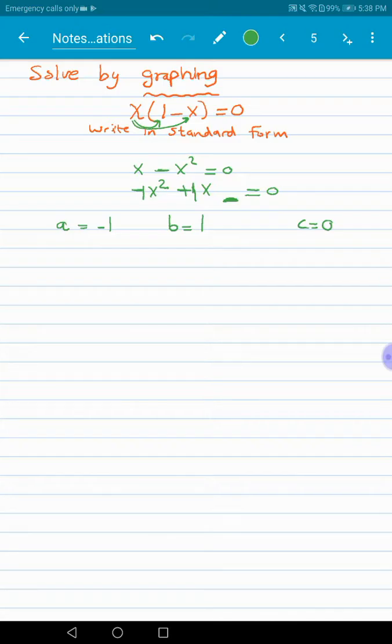Now we need to find the vertex. The vertex, we said it's x and y. To find x, we use the formula minus b over 2a, which is minus 1 over 2 times minus 1. Replace it, it becomes half. So the x is half.